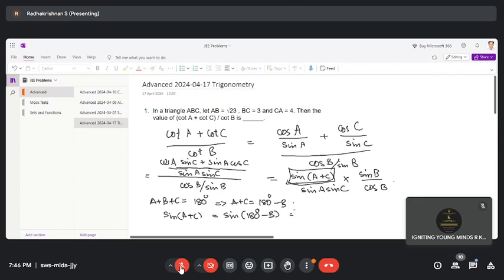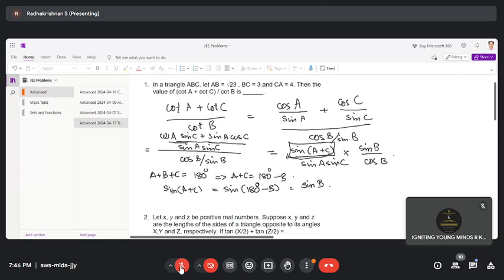What is sin (180 minus B)? It is simply sin B, because this angle is in the second quadrant, where sin is positive. So it's sin B. So now I want to substitute.